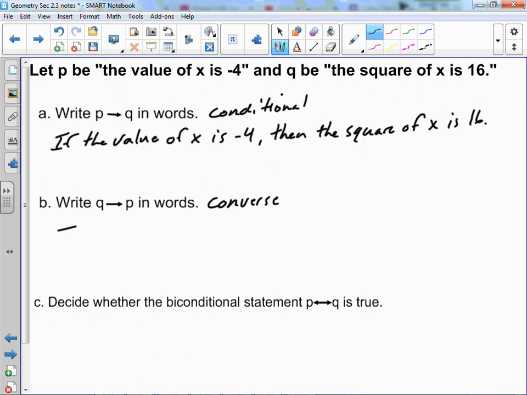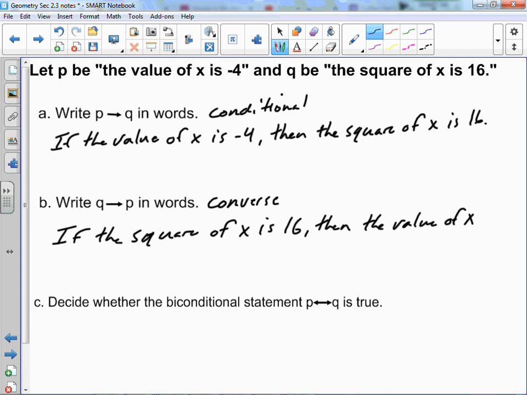And so if the square of x is 16, then the value of x is -4.